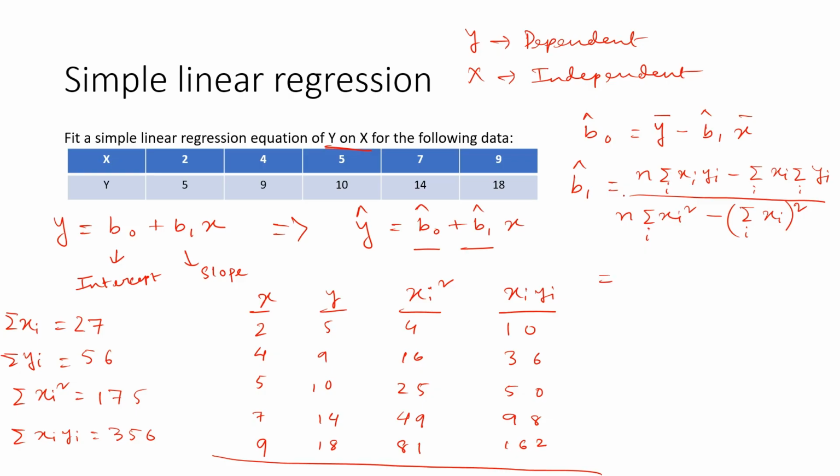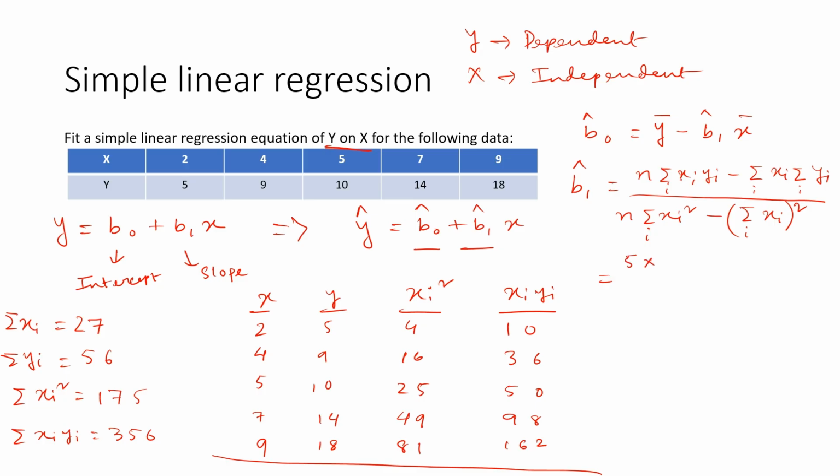Now to calculate the value of b1 hat, we put all these values into the formula. And n here represents the total number of observations, which is 5, because we have only 5 values here.